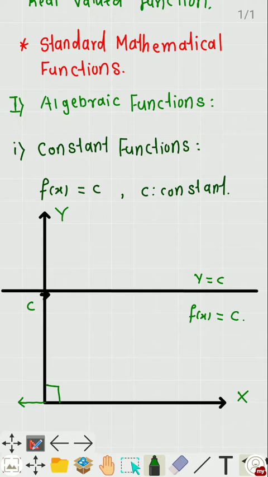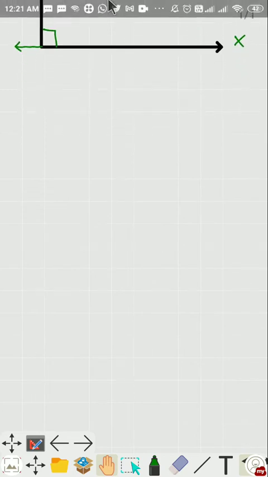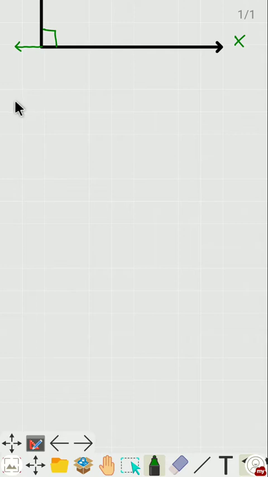Let us go to the second algebraic function, which is the linear function.